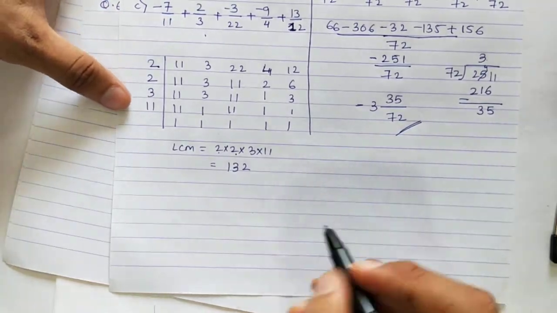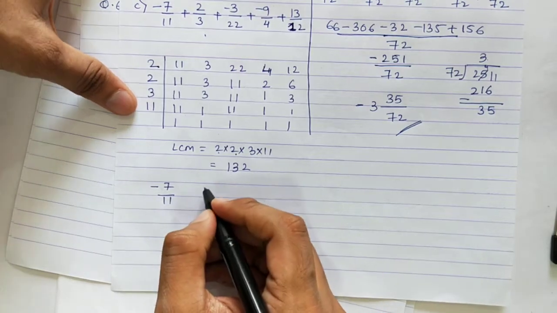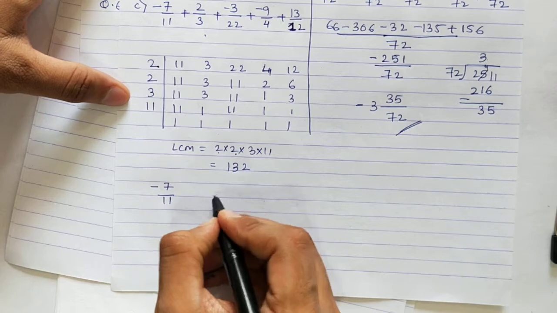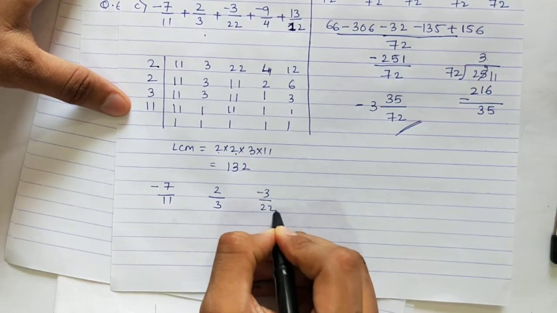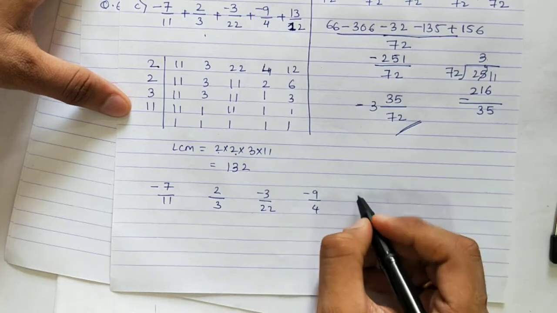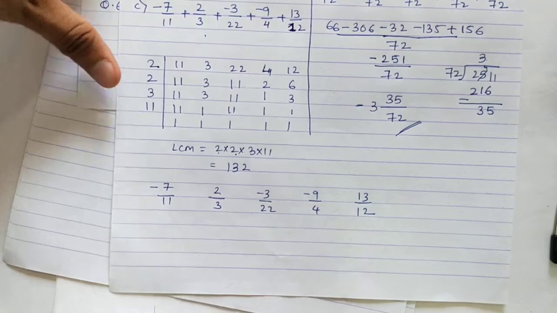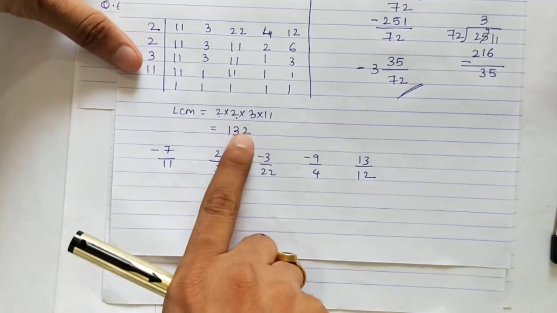Okay. Now we'll multiply these numbers. Minus 7 upon 11, 2 upon 3, minus 3 upon 22, minus 9 upon 4 and 13 upon 12. This was the question. Now we have to make the denominators 132.